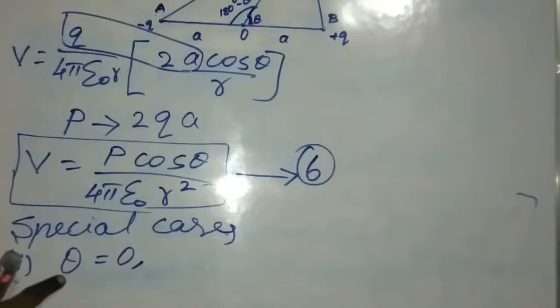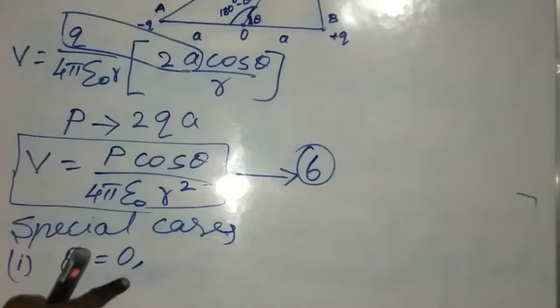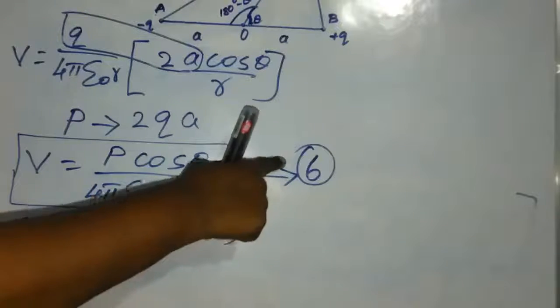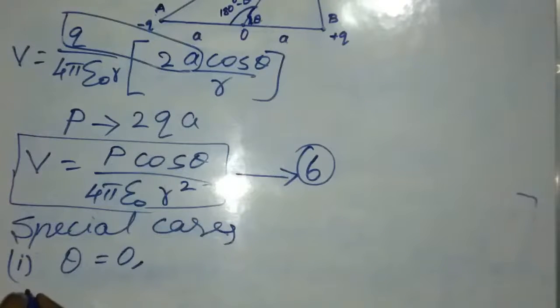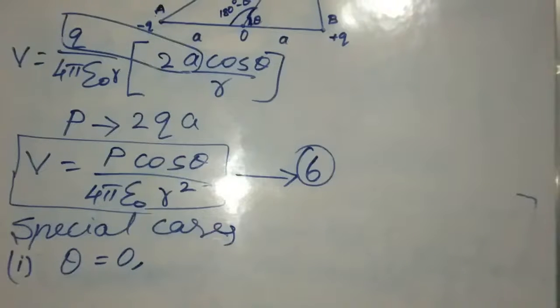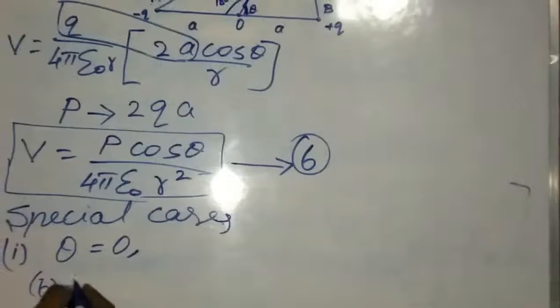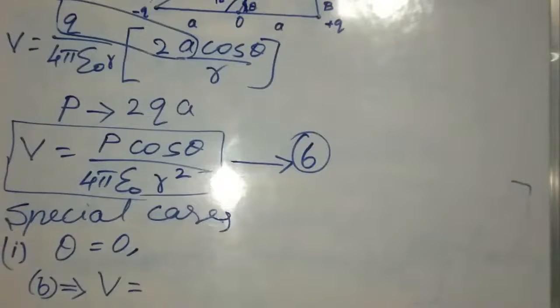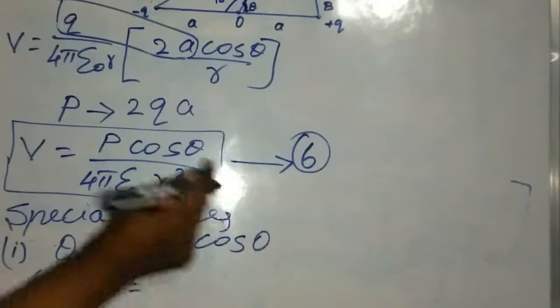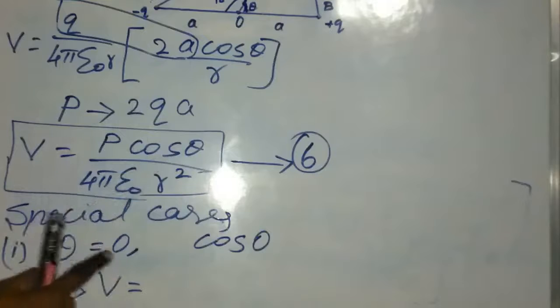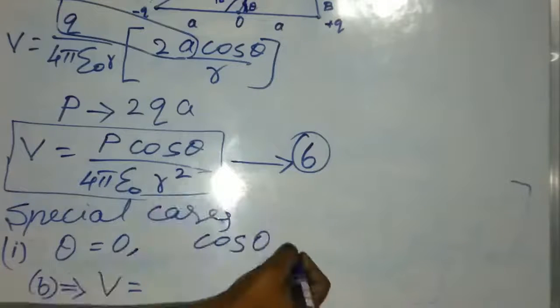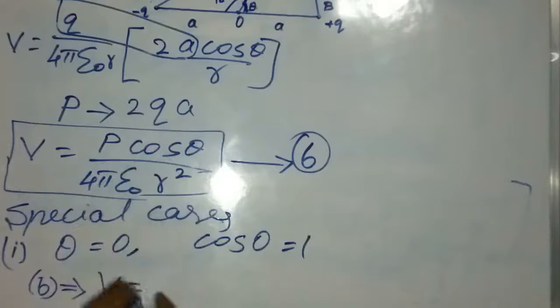Now apply the value of theta equal to 0 in equation number 6. So equation 6 becomes V equal to, cos 0 equal to 1. So we have V equal to P by 4 pi epsilon 0 r square.